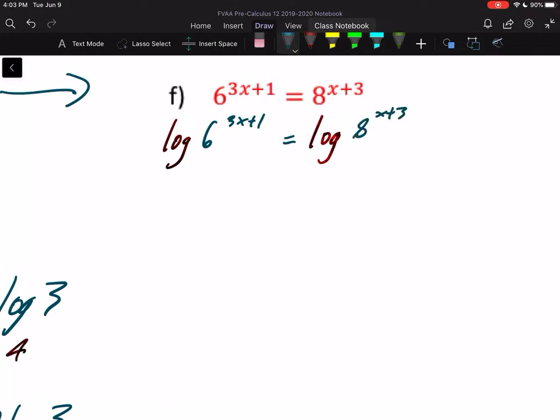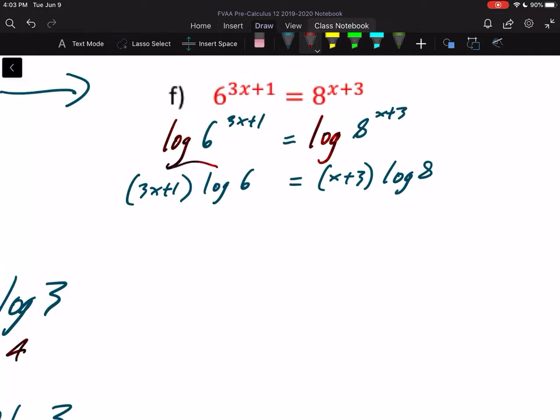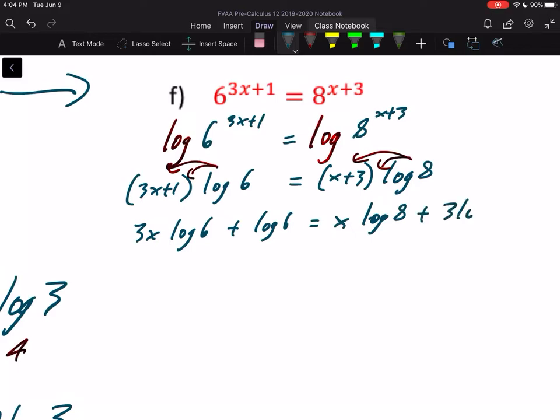That's going to give me 3x plus 1 times log 6 is equal to x plus 3 times log 8. Then distributing logs everywhere here, I'm going to get 3x log 6 plus log 6 is equal to x log 8 plus 3 log 8.